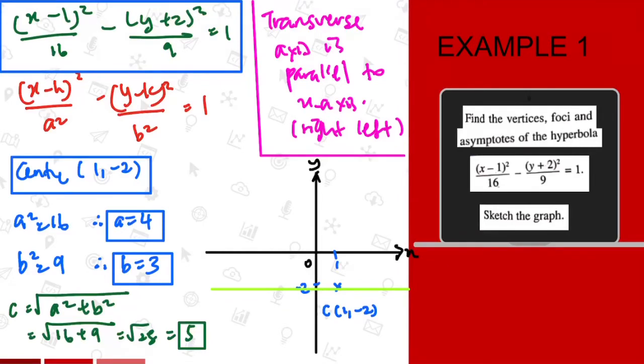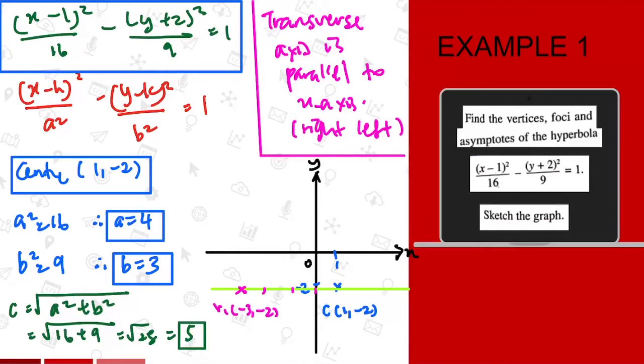Therefore, let's straight away find our vertices. Our a is 4. Therefore, from the center here, let's move to the right by 4 units and move to the left by 4 units. So now your new V1 is equal to (-3, -2). Let us see the coordinate of V2 right now.